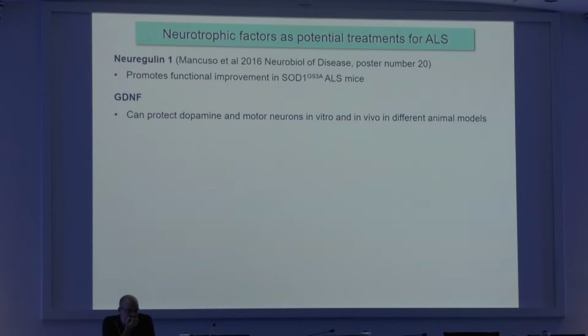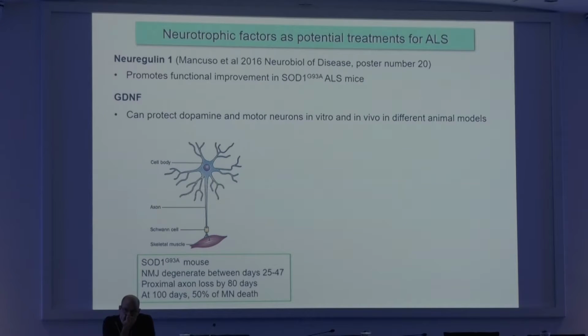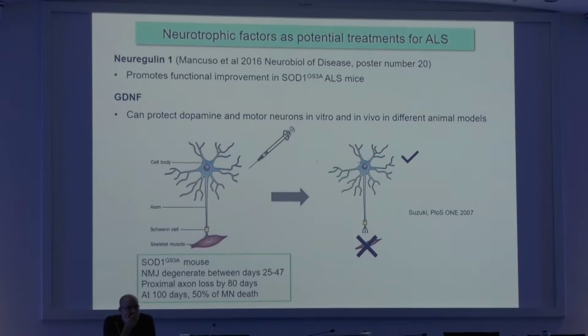It had already been shown that GDNF can protect dopamine and motor neurons in different animal models. In particular, in the SOD1 animal, when it's injected into the spinal cord, it can protect motor neurons, but not the neuromuscular junctions, which are really affected in this disease.